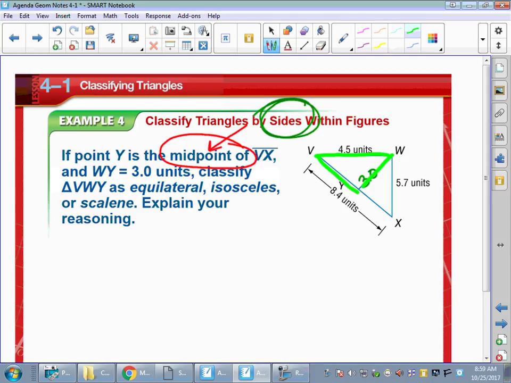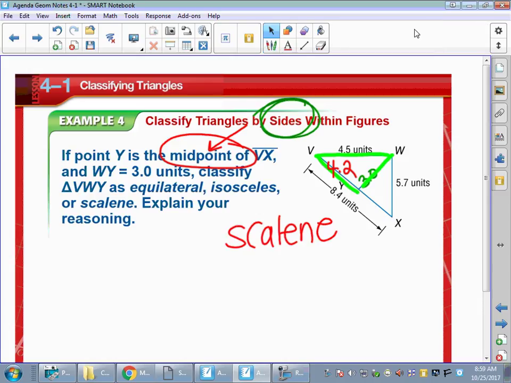If it's midpoint and the side VX is 8.4, what does VY have to be? 4.2 units. Therefore, triangle VWY has no congruent sides. So what kind of triangle does that make that? Definitely a scalene. Notice we have no angle information. We don't quite know if it's equiangular or if it's isosceles or, no, not isosceles. If it's acute, obtuse, we might be able to make a guess, but we don't really know, so we can't say anything about angles.